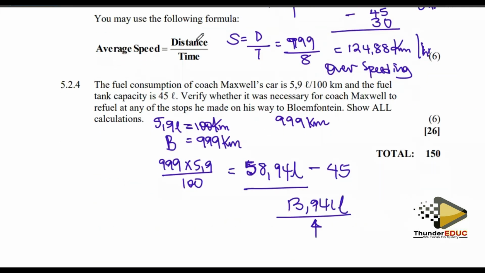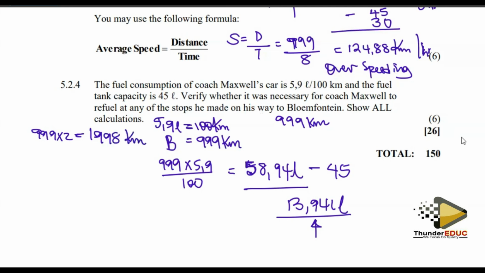Here they're asking, you could consider using one way, or other people consider two ways. If it's two ways, that means he has to cover 999 twice, which becomes 999 times 2, 1998. These are the kilometers covered.